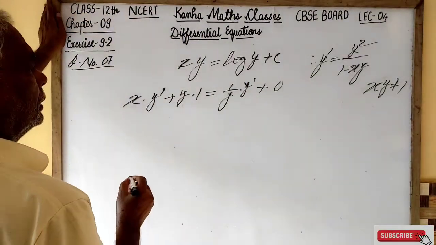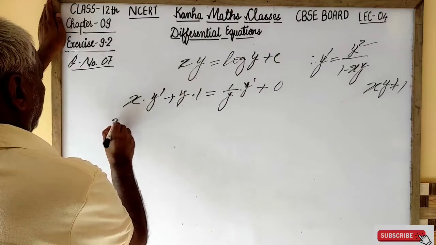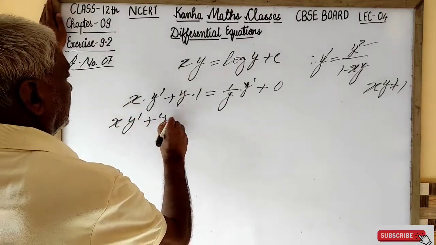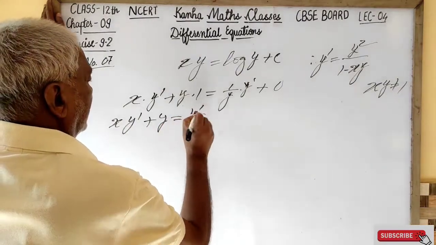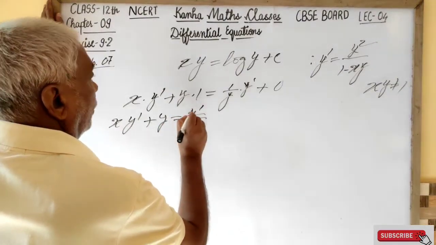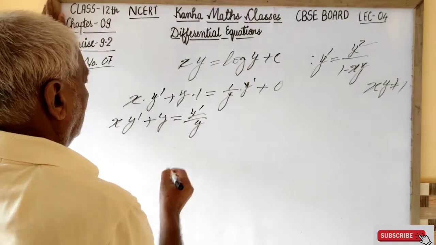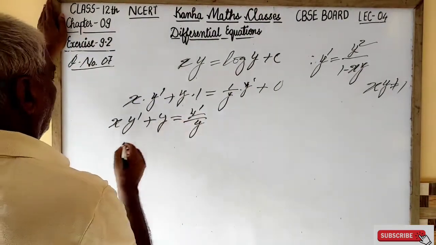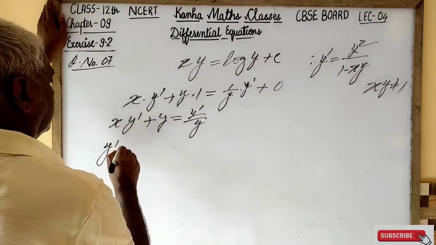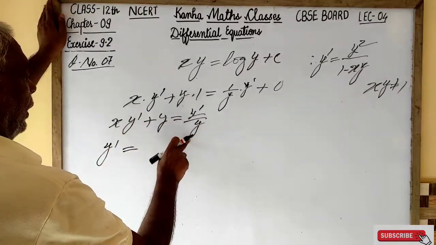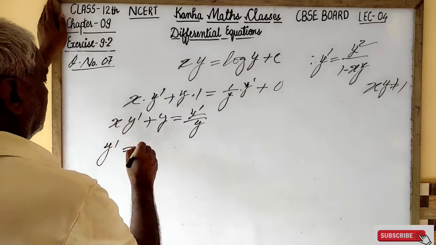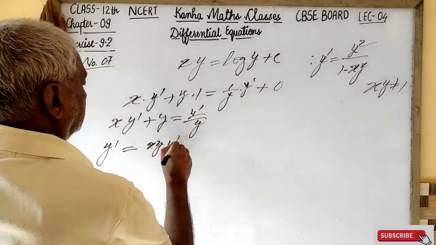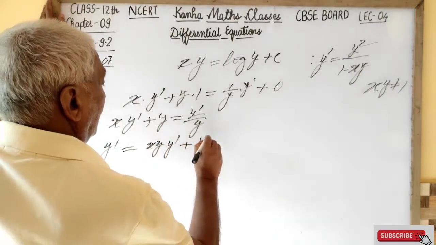Now this will become xy dash plus y is equal to y dash upon y. Now, by multiplying y on both sides, this will be equal to xy dash plus y square.